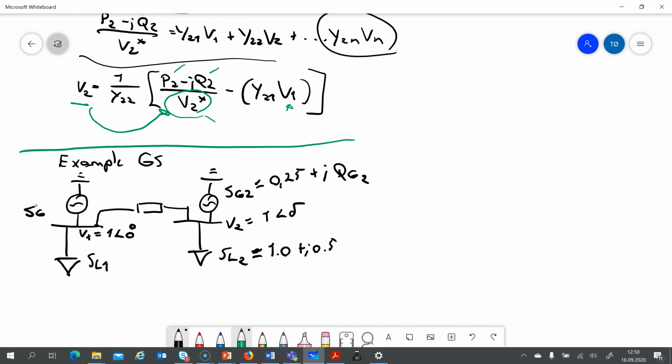This is S generator 1, and we have an impedance between 1 and 2 of 0.5 like that, and we define this as the slack bus.